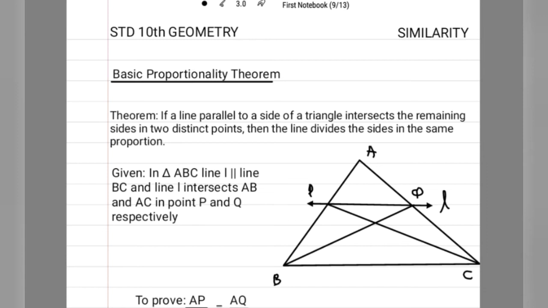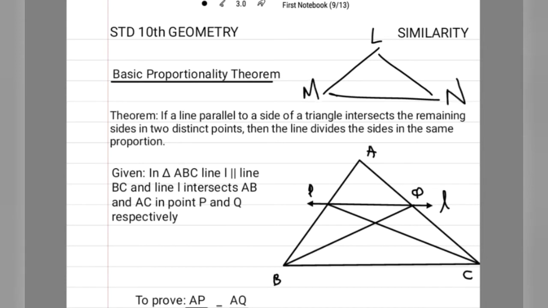Moving to the statement of the theorem, let's see what it says. It says that if a line parallel to a side of a triangle intersects the remaining sides in two distinct points, then the line divides the sides in the same proportion. For understanding this statement, let's take a triangle LMN.